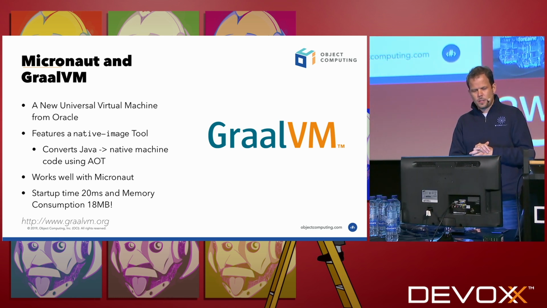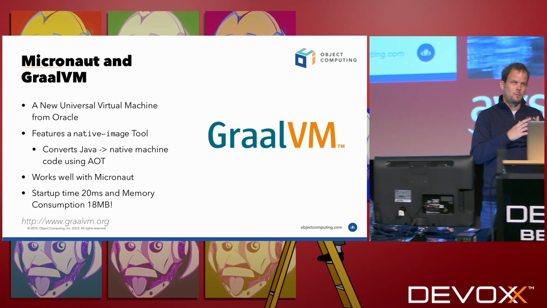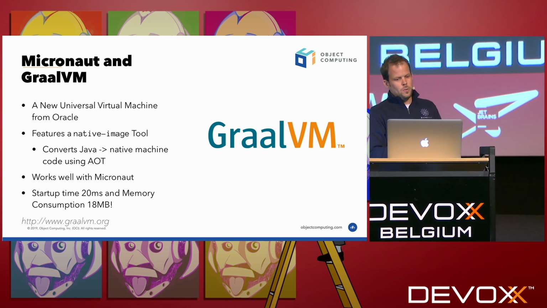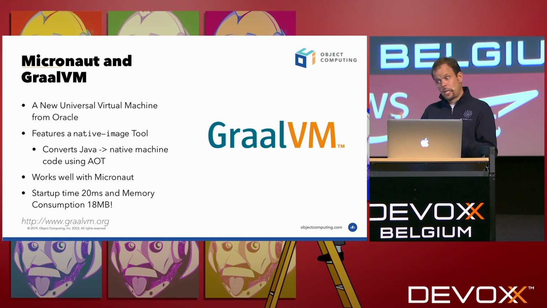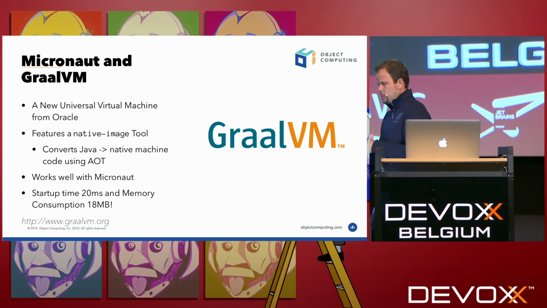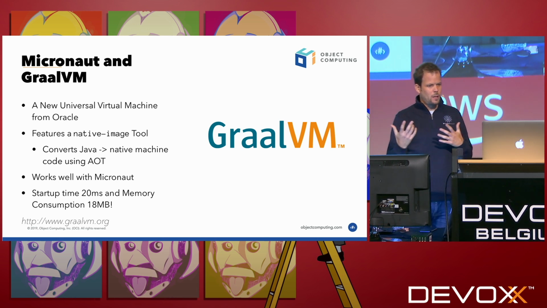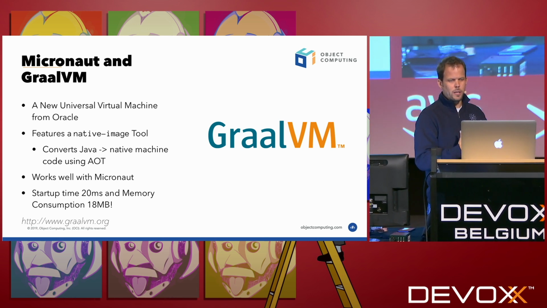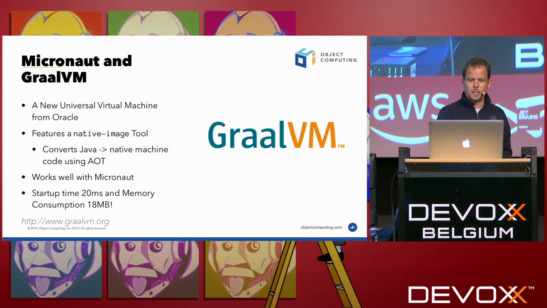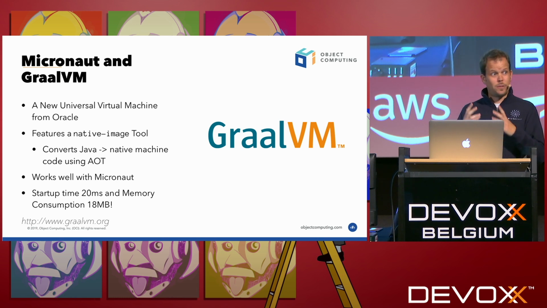Because Micronaut doesn't use runtime proxies, reflection, or dynamic class loading, or any of the things that you have to declare, it turns out it works really nicely with Micronaut without the additional configuration overhead. Not to say that you can't configure things, you can, but the fact that you don't have to makes them a nice fit.